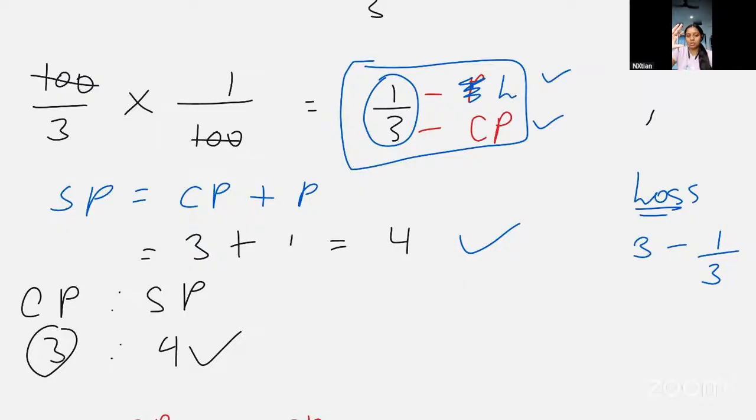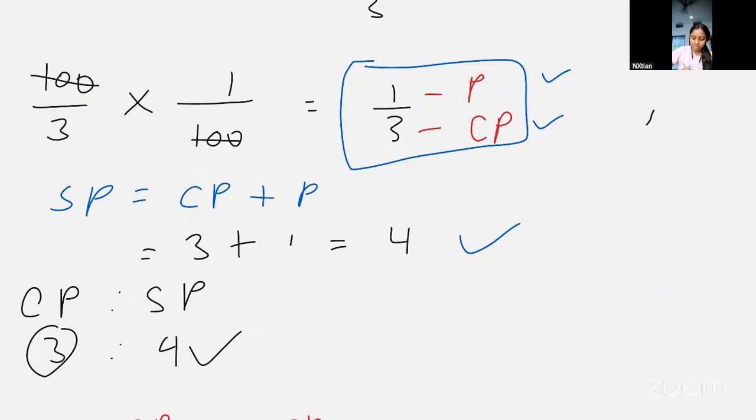You know that in loss we subtract, in profit we add. So 3 minus 1 by 3, and then you will use that as the ratio of SP and CP. We will do one question tomorrow and I'll explain more nicely how this works. I will give one question, you try it, and more questions on profit I'll give. Loss we'll discuss tomorrow in detail.